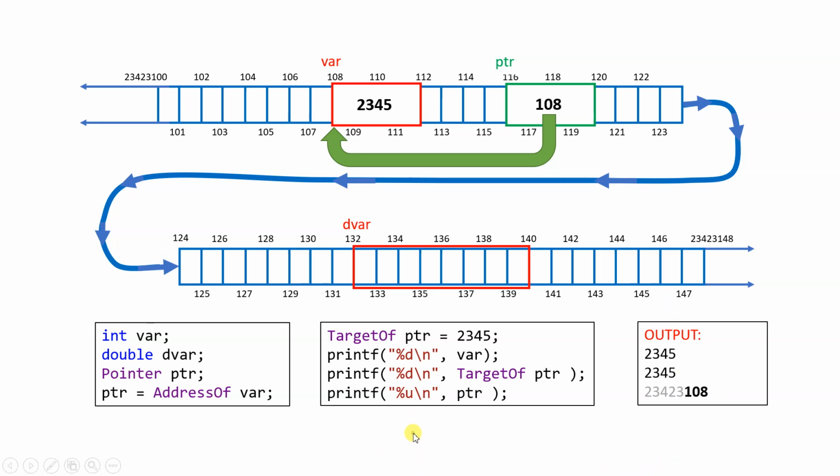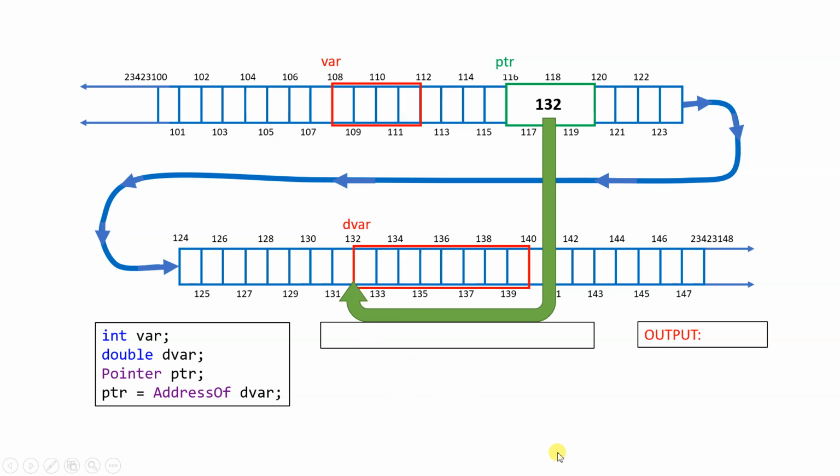Now, I want to do the same thing with the double one. So I'm going to say the PTR is the address of the double, therefore 132 will go to it. Now I'm going to say target of PTR is equal to this one, hoping that I can put that value inside this dvar. There's a problem here. Last time when I put the value to the target of PTR, var was written, and it was only 4 bytes.